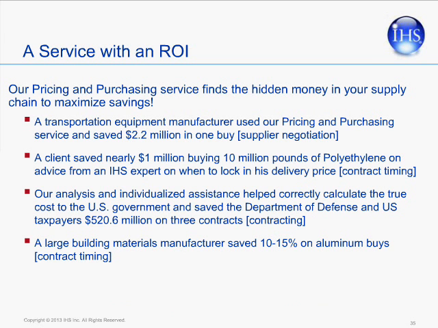From a taxpayer standpoint, of course, we love to see this, but certainly from a client basis, we like to see this as well. True cost savings from the U.S. government there. And then finally, a building materials manufacturer saved 10 to 15% on aluminum buys based on contract timing.